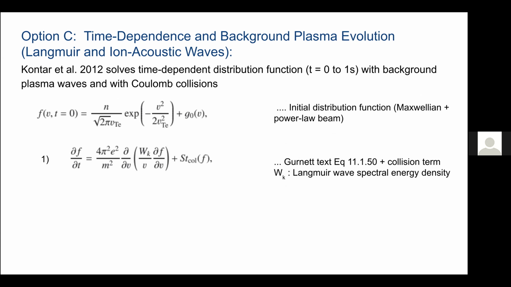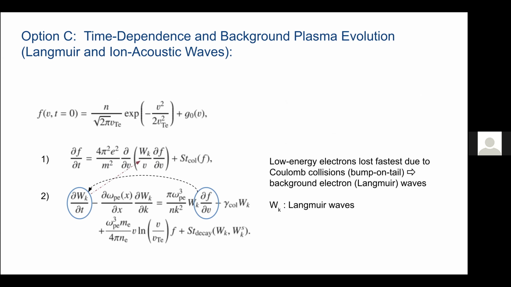Well, it includes a term to account for collisional loss, which turns out to be very important, and the resulting evolution of plasma waves. Here's a term that describes the evolution of Langmuir waves. Okay, and then the evolution of Langmuir wave energy density is given by this equation.